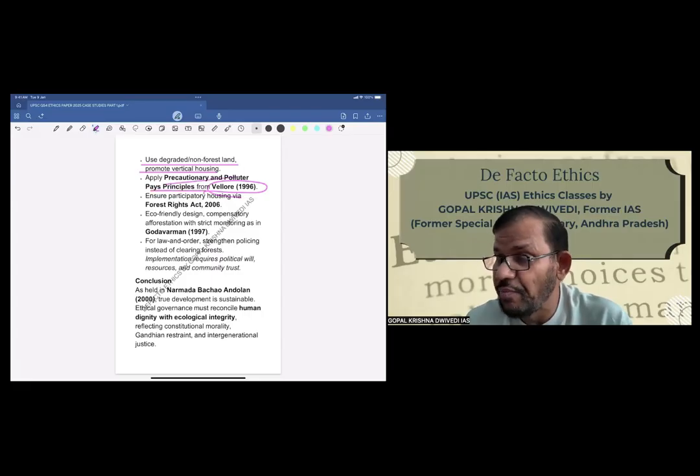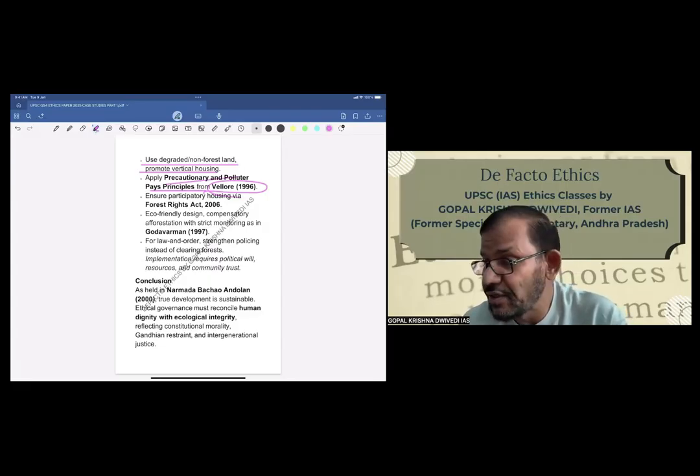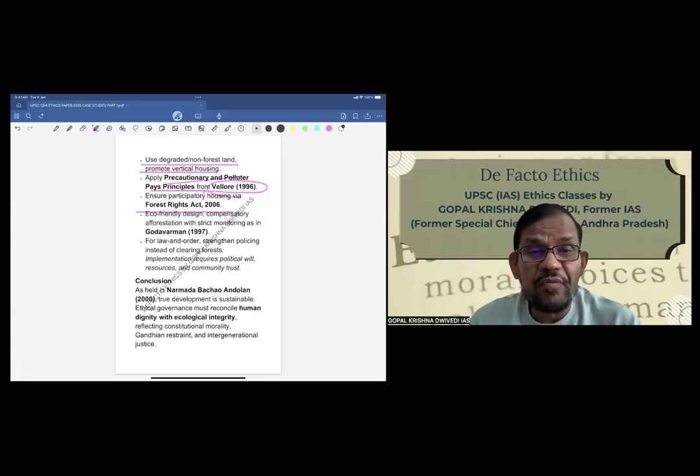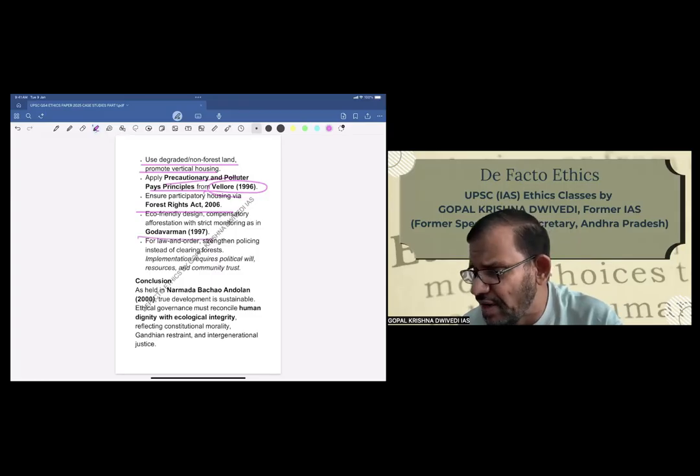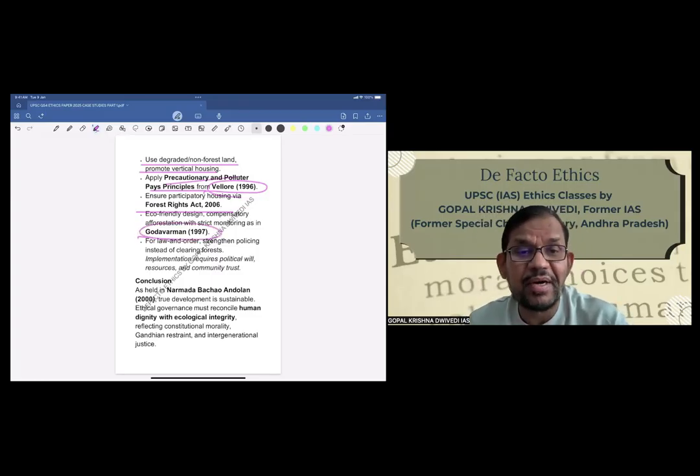These principles are very, very important as far as environment protection is concerned. Ensure participatory housing via the Forest Rights Act 2006. Then eco-friendly design, compensatory afforestation with strict monitoring, as in the Godavarman case. This is again a very, very important Supreme Court case for environment.